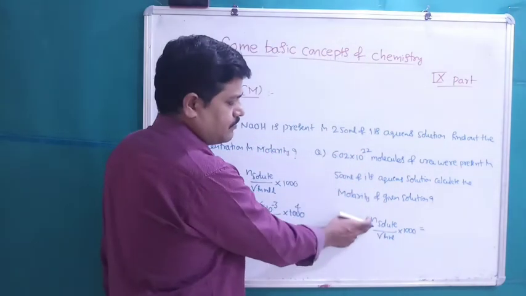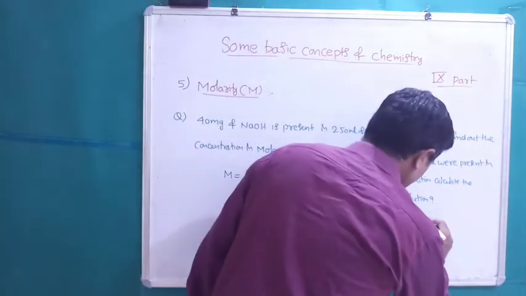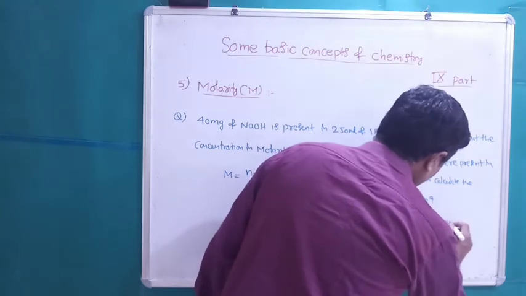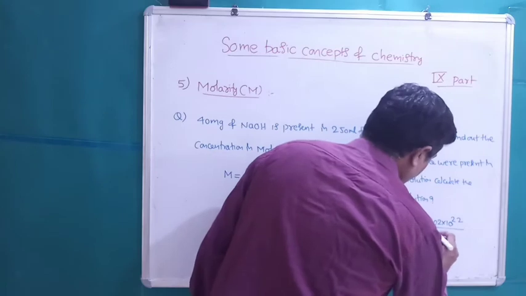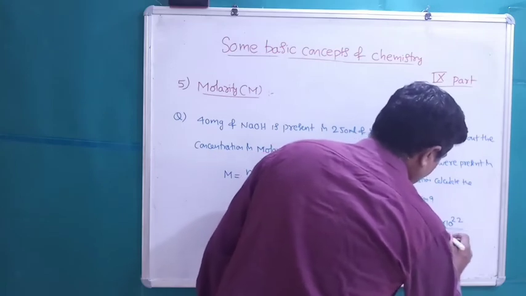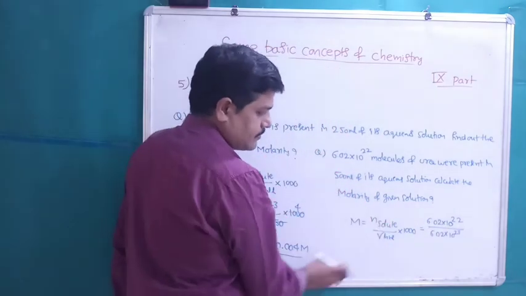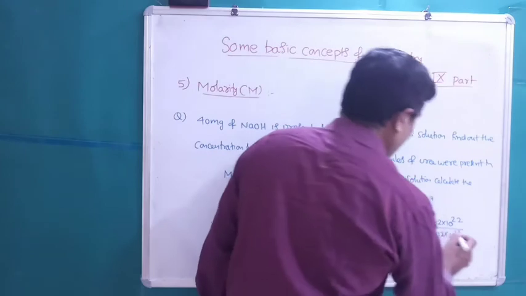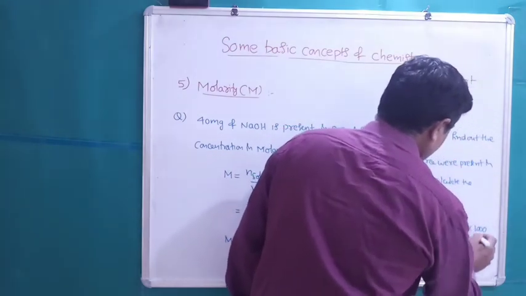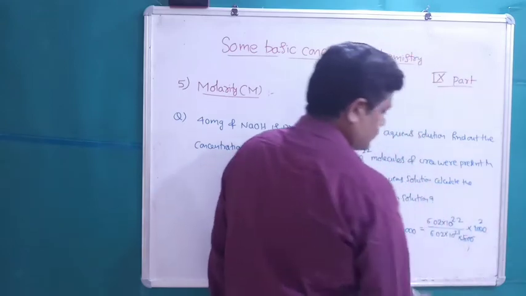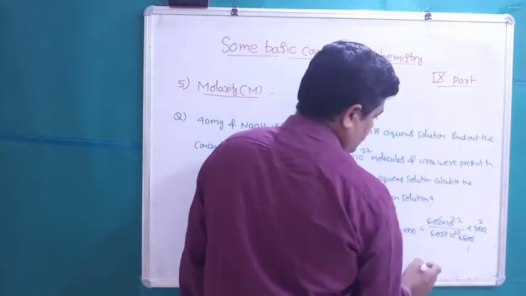To convert into the number of moles, divide the given number of molecules by the Avogadro number. 6.02 into 10 power 22 molecules is given, divided by the Avogadro number 6.02 into 10 power 23. This is the number of moles of solute. And the volume of the solution is given as 500 ml, multiplied by 1000. So 1000 divided by 500 is 2. 6.02 will get cancelled.